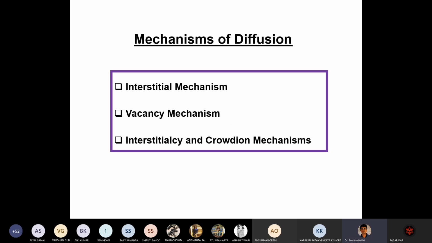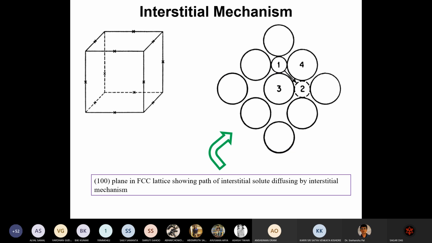Now we are going to understand the mechanism of diffusion, and mostly three mechanisms are important: interstitial mechanism, vacancy mechanism, and interstitialcy mechanism.